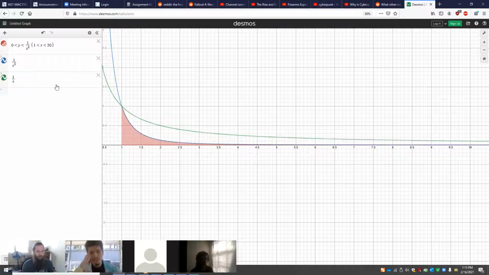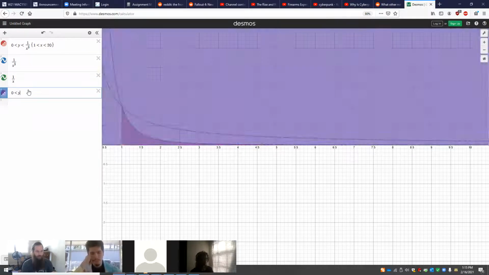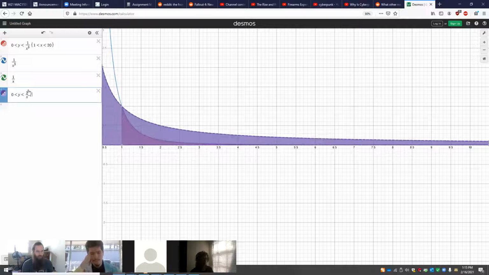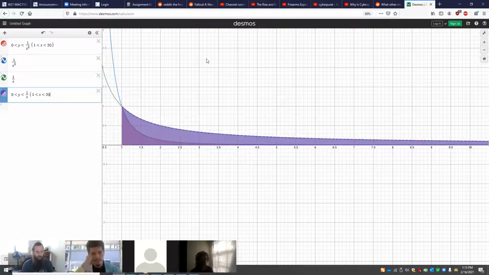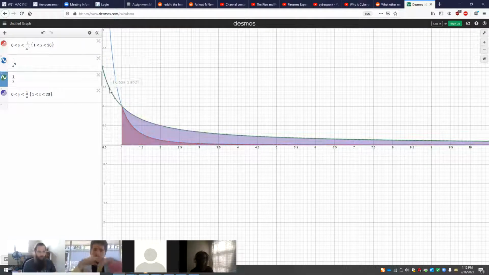All right, here's the green function. 0 less than y less than 1 over x, and then let's do 1 less than x less than 20, similarly. All right, red area, purple area. The green function is 1 over x.